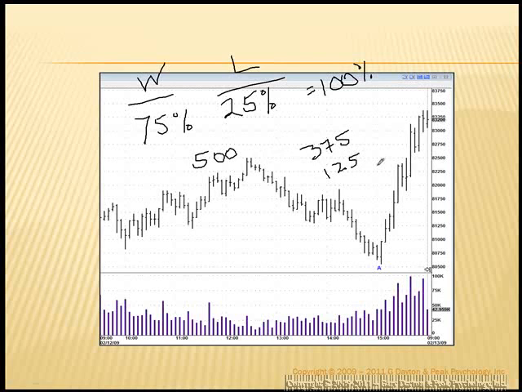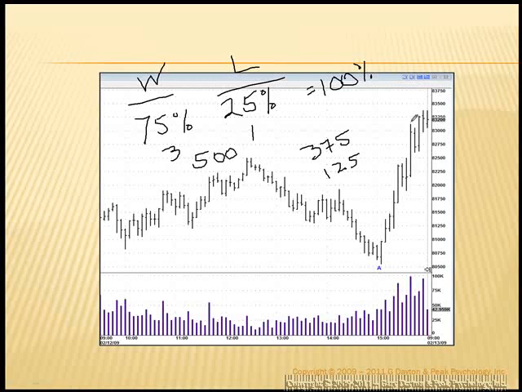And let's say that we are making, we'll just make it easy, 3 points every time we win, and when we lose, let's say we're losing 1 point. So it's a good expectancy here as well.